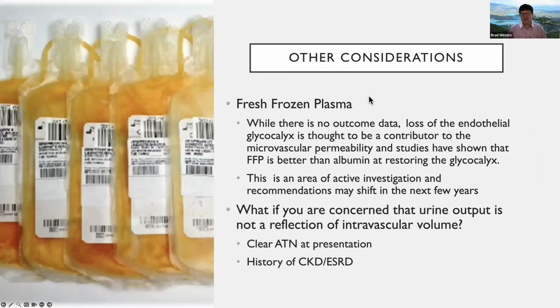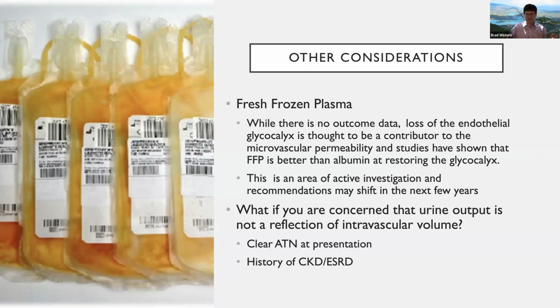Other considerations, as I mentioned, fresh frozen plasma. There is no outcome data, studies that show that it improves outcome yet, but based on some animal studies and what we know about the pathophysiology of burns, loss of the glycocalyx of the endothelial cells, which I mentioned before, is a major contributor to all that fluid leaking.